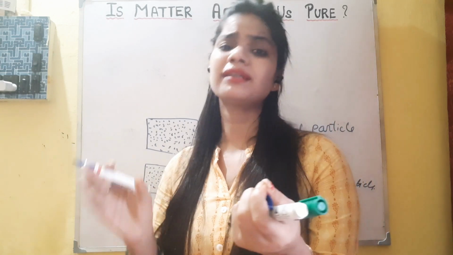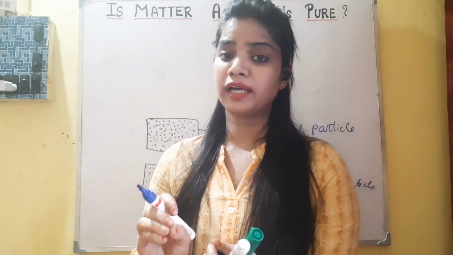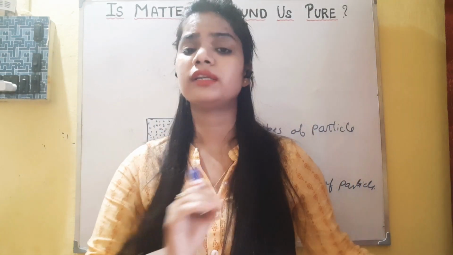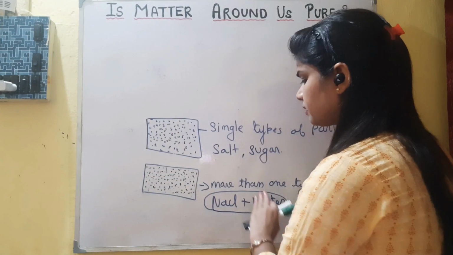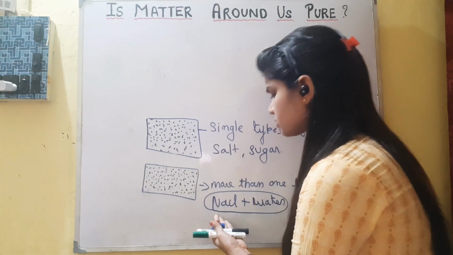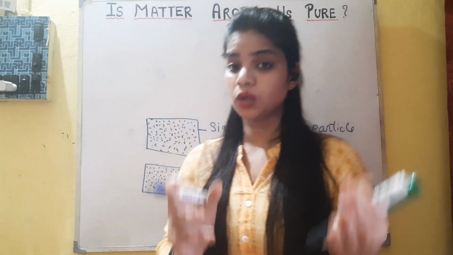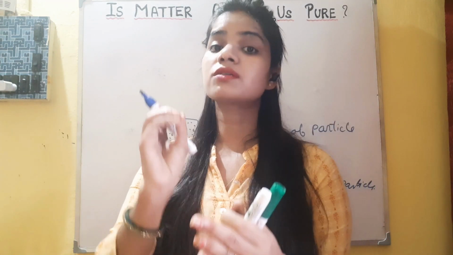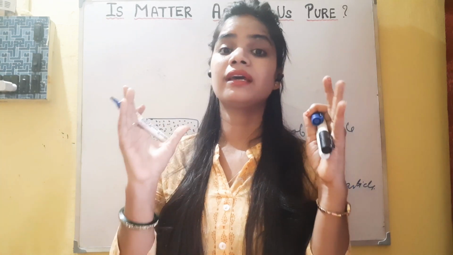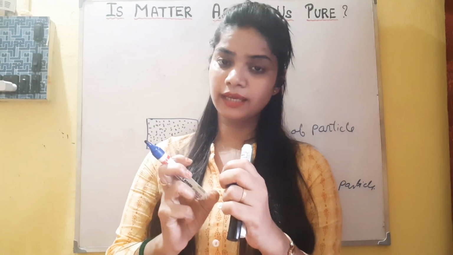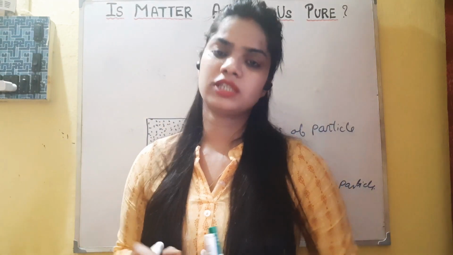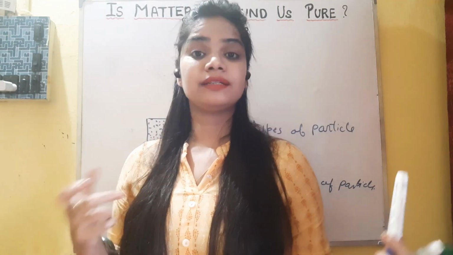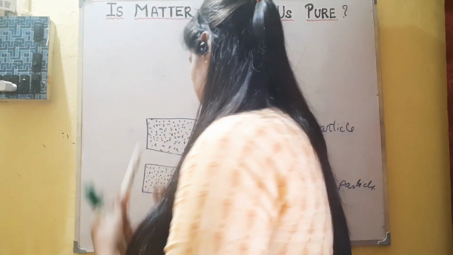We can separate NaCl, sodium chloride, from water by the process called evaporation, but after mixing, why? Because the particles of NaCl and the water molecules get mixed, that's why their chemical property also changes, and that's why they aren't pure.